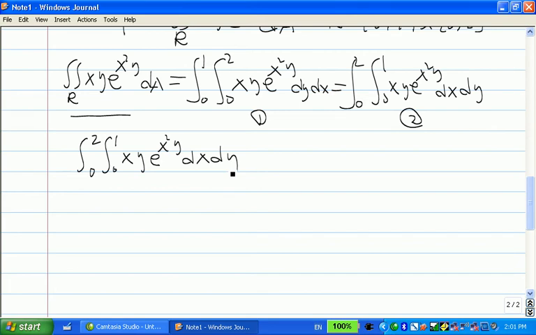What does this mean? This means you are going to integrate the integral inside the parentheses first. That's about dx. That means whenever you see y, you treat it as a constant, just like a partial derivative.